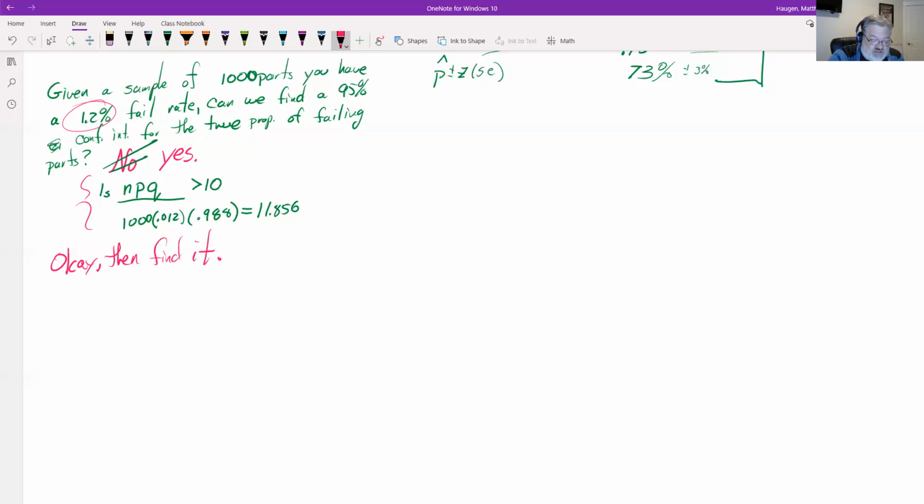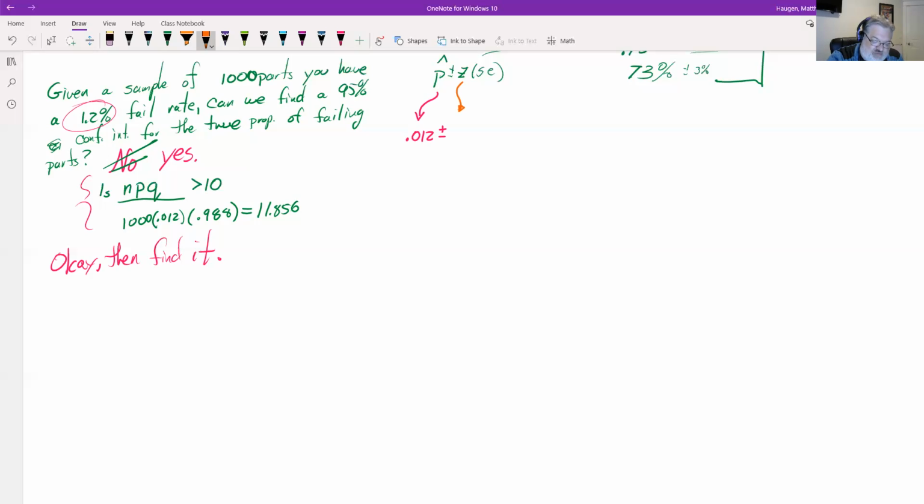And again, we have most of the information. We have our sample proportion, 0.012. The z-score for 95% is known to us. If we didn't use 95%, if it was some weird one, we could go find it like we did at the beginning yesterday.